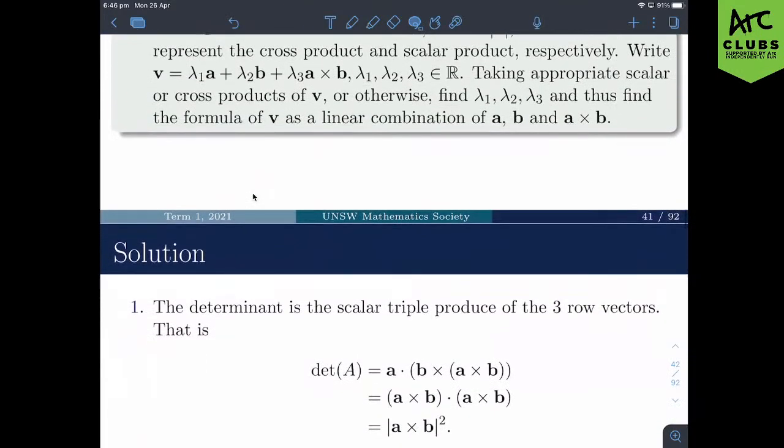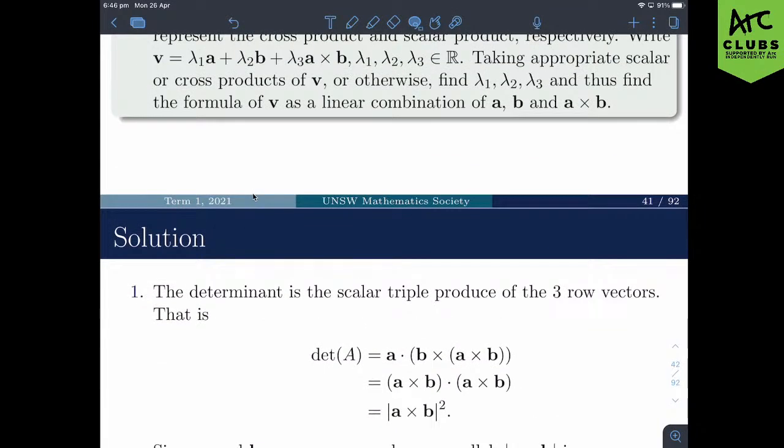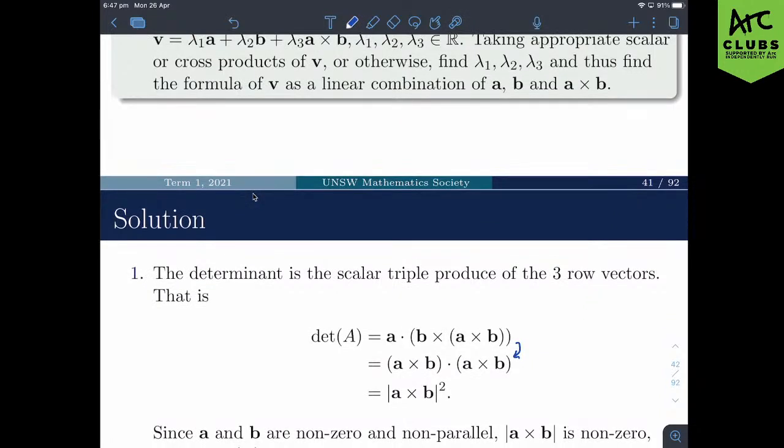So let's use that handy little fact that I found in chapter 1 of the notes, that the determinant can be written as the scalar triple product of the 3 row vectors. And this is what it would look like if we wrote it out. How I got from this line to this line is that it doesn't matter where you put the cross and where you put the dot, as long as you don't rearrange the vectors.